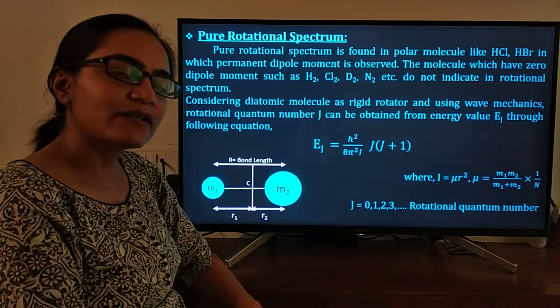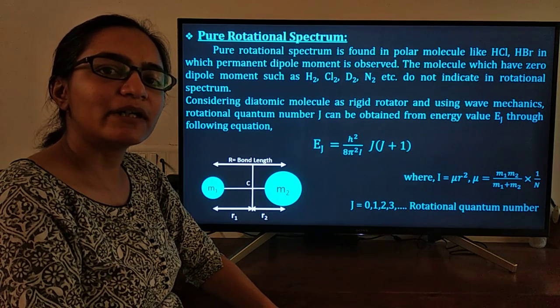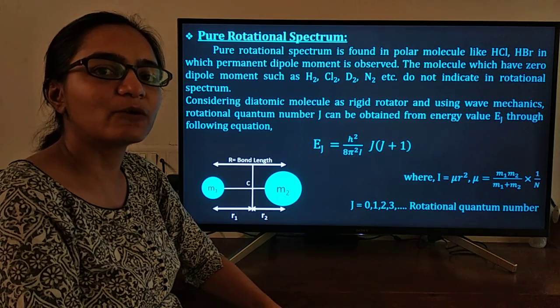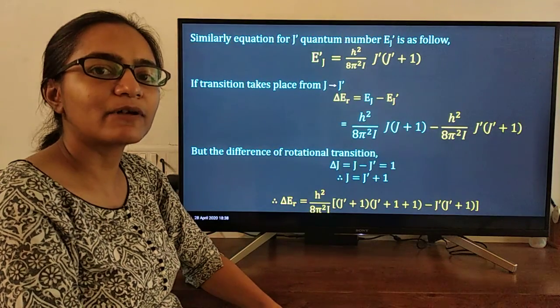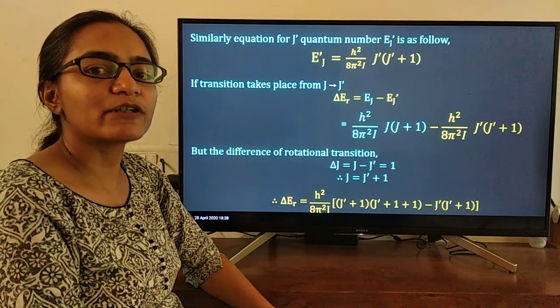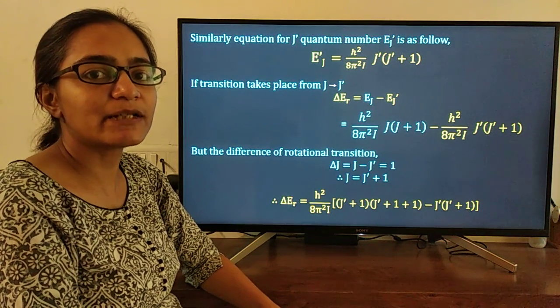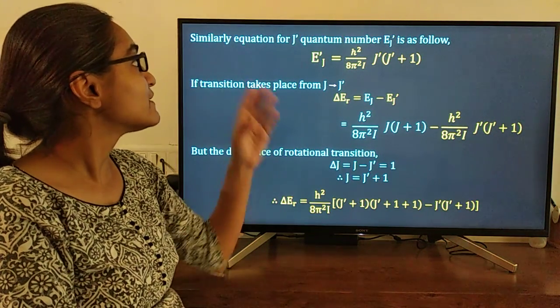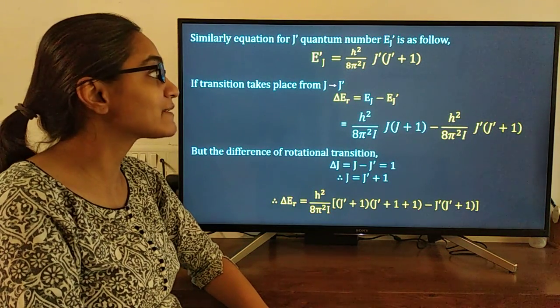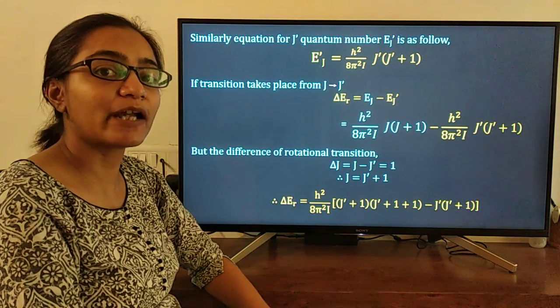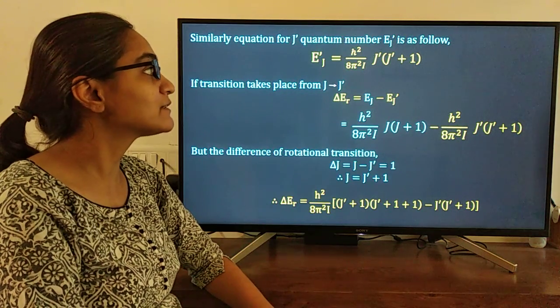And J is the rotational quantum number, which starts from 0, 1, 2, 3 and so on. Similarly, the equation for the J prime rotational quantum number is as follows: Ej prime is equal to h square upon 8 pi square I into J prime into J prime plus 1.